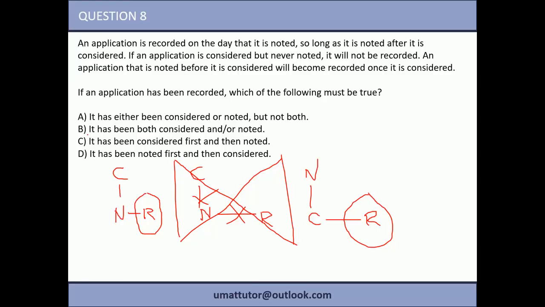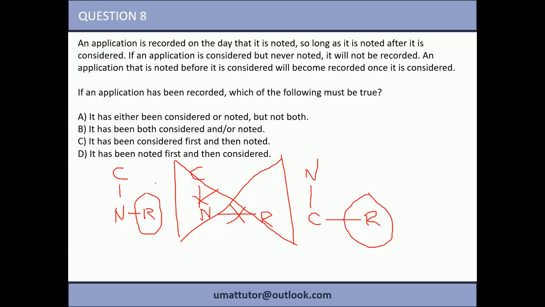B, it has been both considered and or noted. That looks pretty good to me because remember, in this situation it's considered first and then noting and recording happens on the same day. Likewise here with the third situation, it's noted first and then considered and recorded on the same day. So in both of these situations, at least one event has happened.